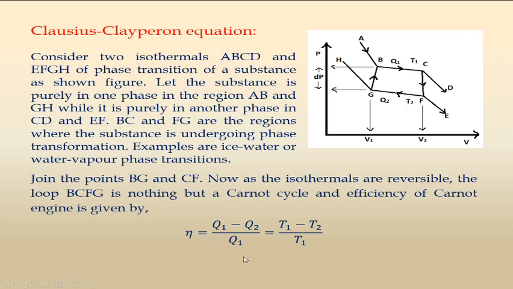So then you can write down an efficiency equation for this Carnot cycle. It looks like eta is equal to Q1 minus Q2 by Q1, that's equal to T1 minus T2 divided by T1. So let us rewrite the equation once again. Q1 minus Q2 by Q1 is equal to T1 minus T2 divided by T1.